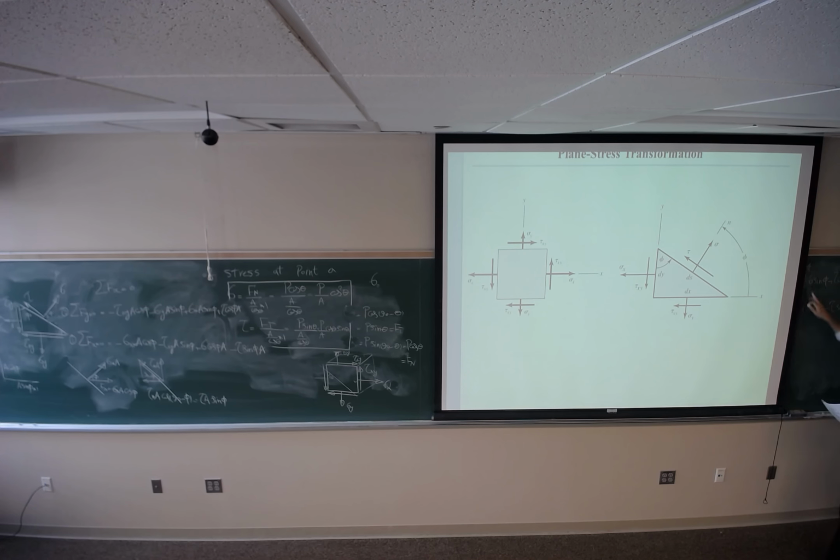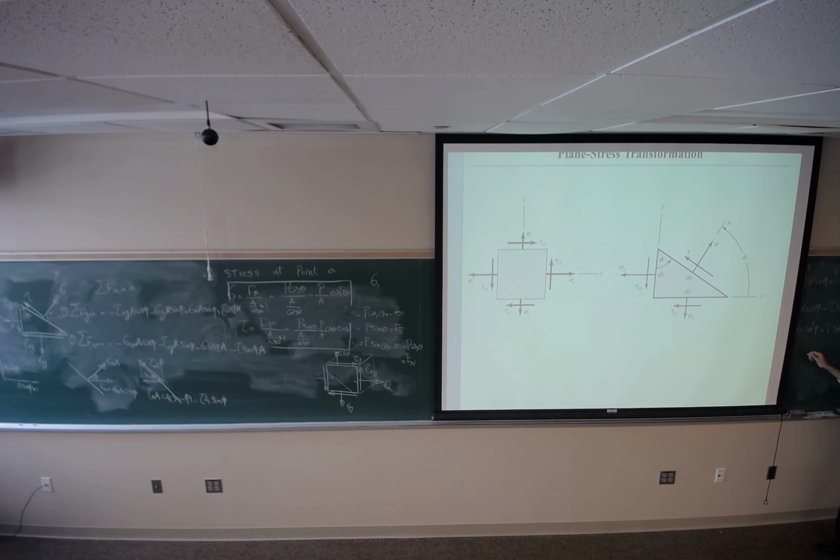I multiply this by sine of phi and multiply this by cosine of phi. The first equation is going to change to sigma sine of phi, sine square of phi, plus tau sine of phi cosine of phi, minus tau xy cosine of phi sine of phi, minus sigma x sine square of phi equals to 0.